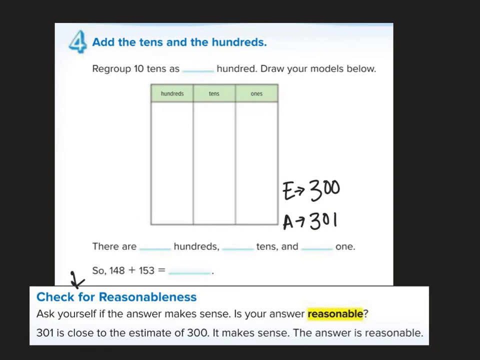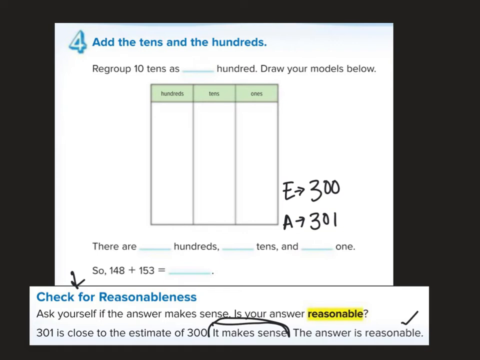And notice how close they are. Okay, that's why estimates are pretty effective, is because they get us close. So if we don't need to know exact stuff, then it just helps, right? It's quicker. So 301 is close to the estimate of 300. It makes sense. Yes, it does. The answer is reasonable. Check her off.